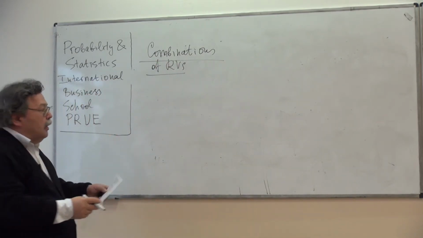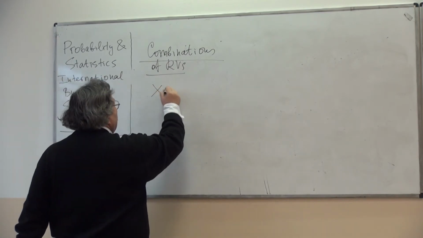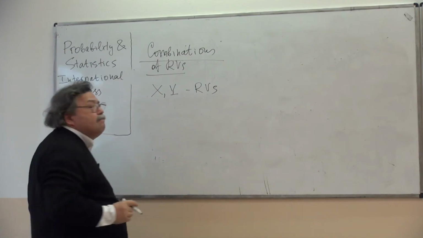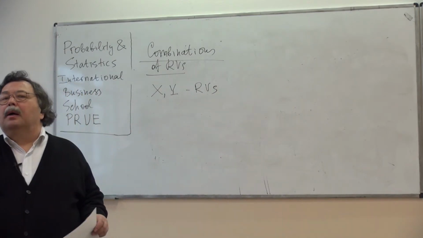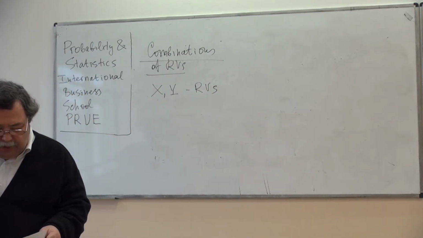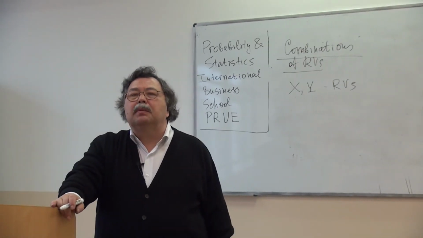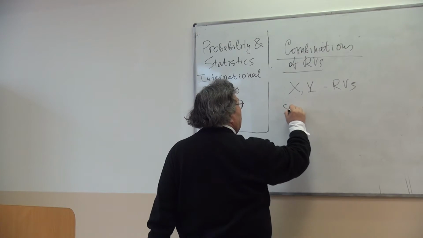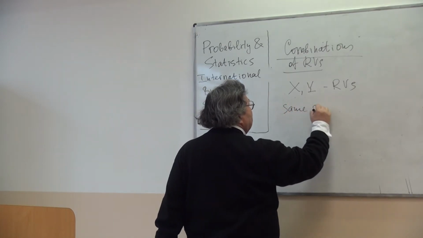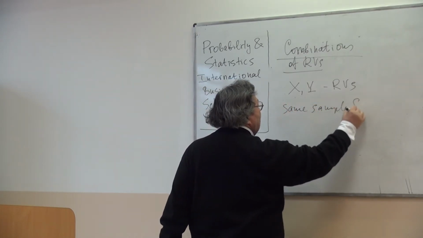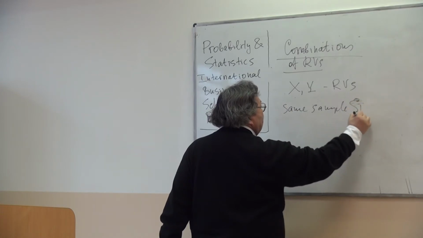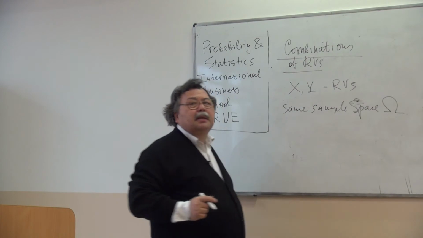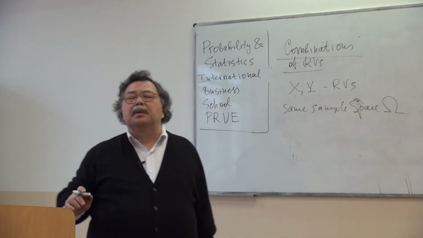All right, suppose X and Y are random variables, and these random variables are associated with the same sample space. So it's the same sample space. If you remember, this is the notation we used for a sample space.